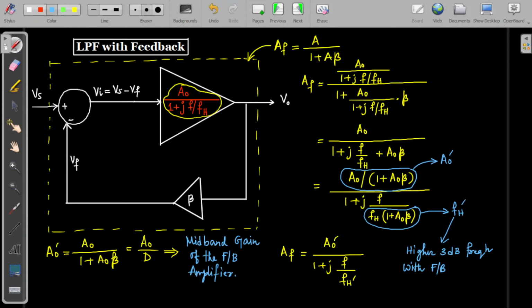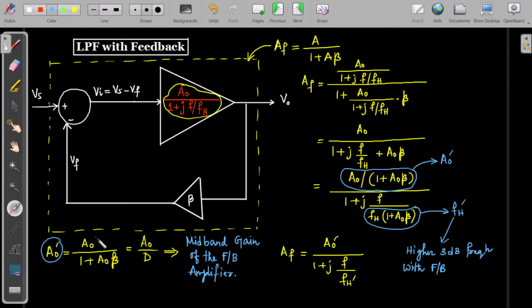If we use negative feedback, then it decreases the mid-band gain. The A0 dash value is A0 by 1 plus A0 beta. So before the feedback, the mid-band gain was A0, but after the feedback the mid-band gain is A0 by 1 plus A0 beta.